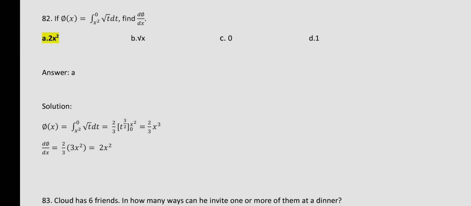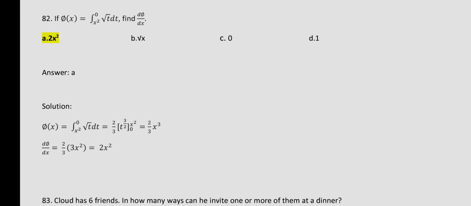Number 82. If phi of x is integral of x squared, limit x squared to 0, square root of t dt, find d phi over dx.